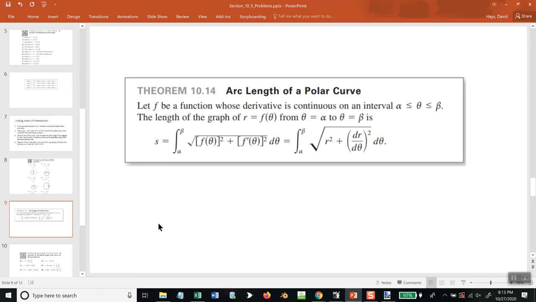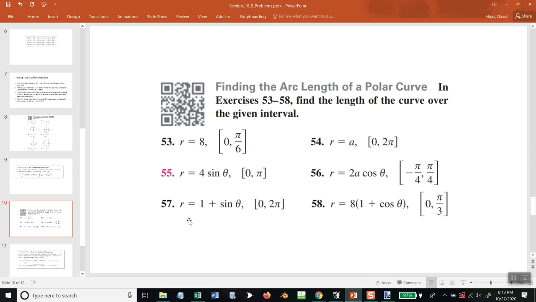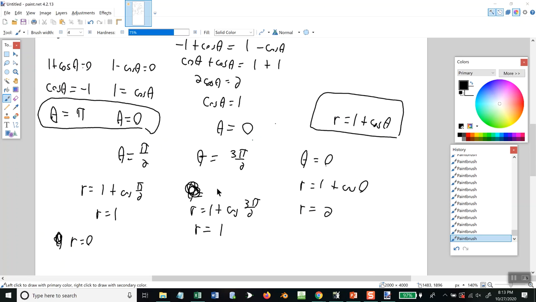Now here's your formula for the arc length. And let me just set up one problem. I'll set up 55.